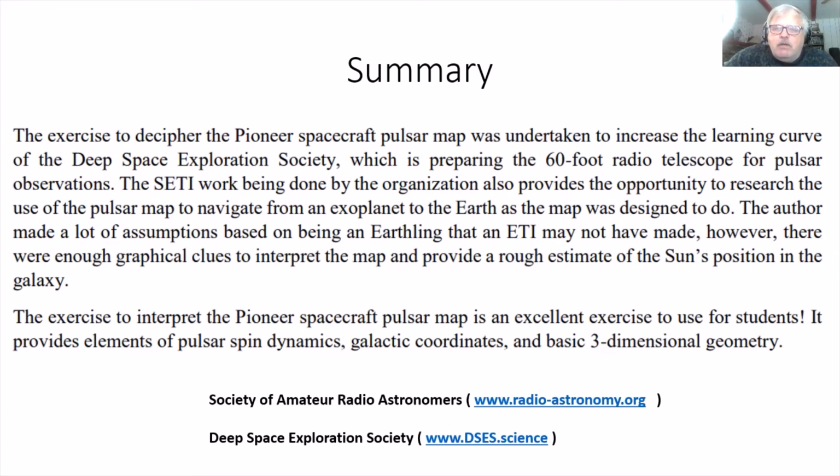If they've got a pulsar database with the pulsar periods, they should be able to interpret the map and come up with the location of the Earth, probably good enough to find the solar system. Once they get to the solar system, that's what the secondary map is for, to find the third planet from the sun. So this is an excellent exercise for students in three-dimensional geometry, galactic coordinates, and pulsar spin dynamics.